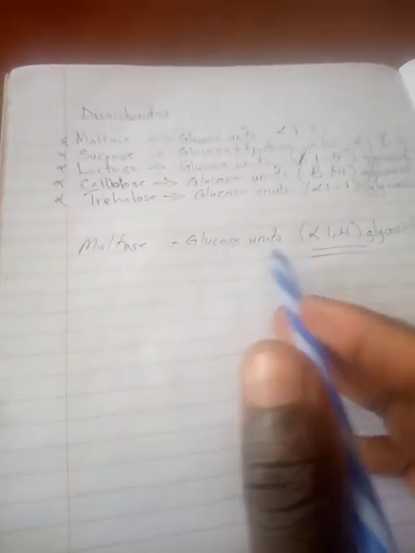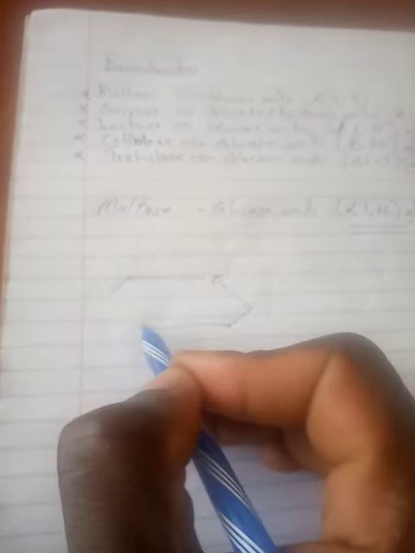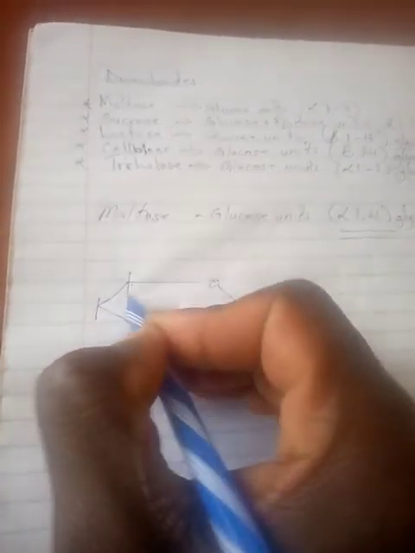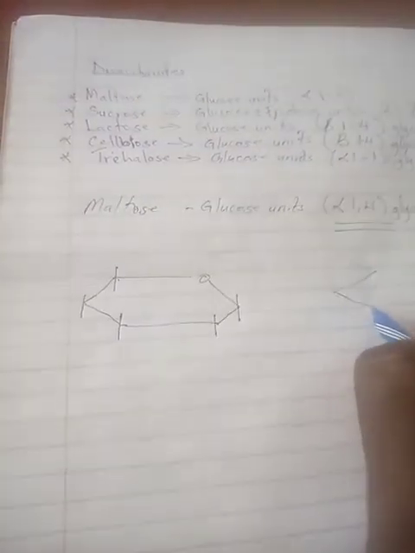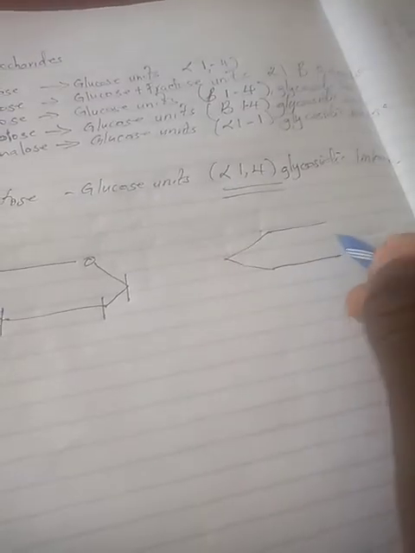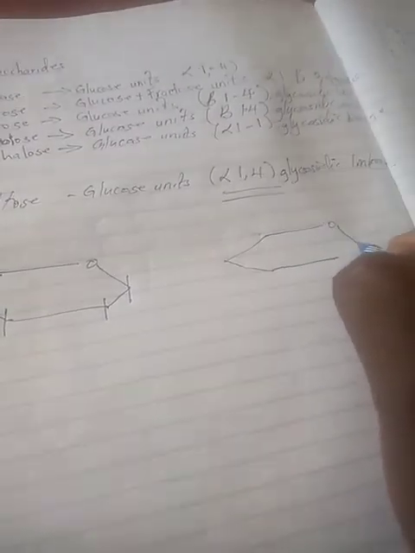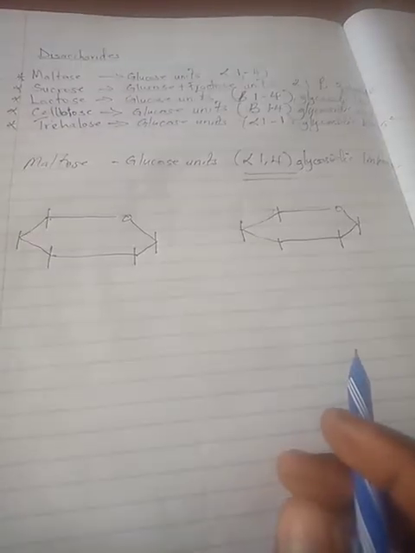And so let's write the glucose. Let's draw the Haworth form of glucose. So these are two structures that represent our form, and they are both glucose.